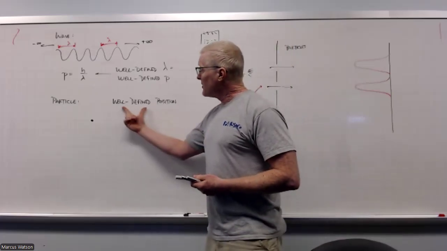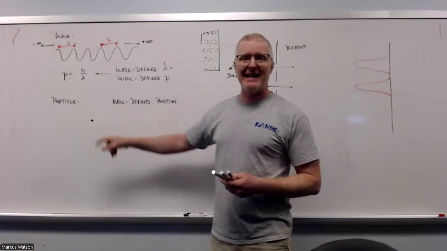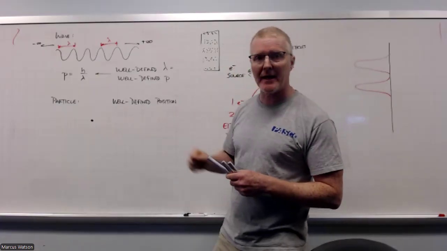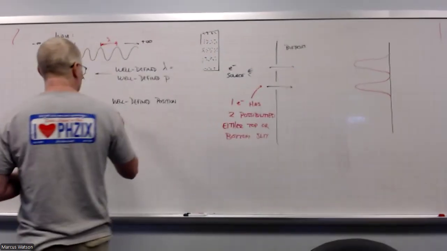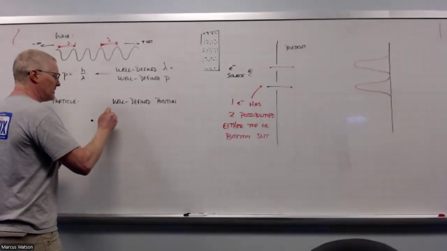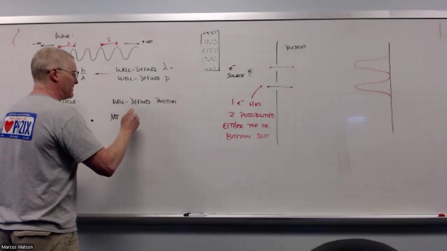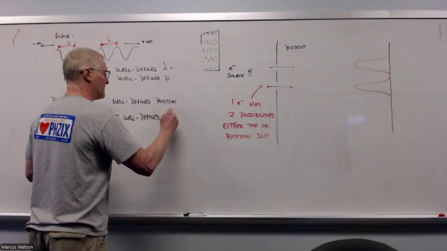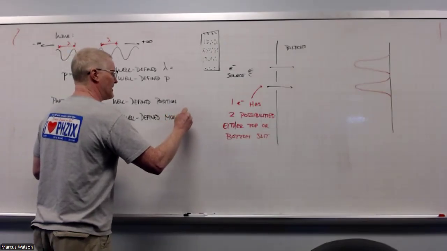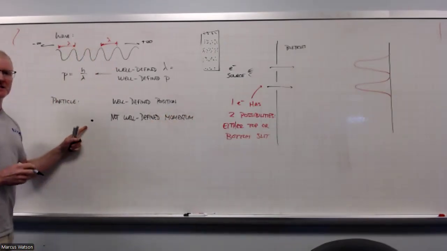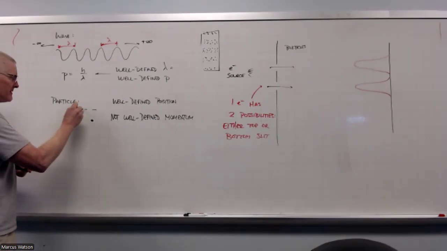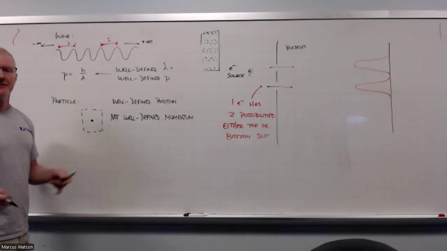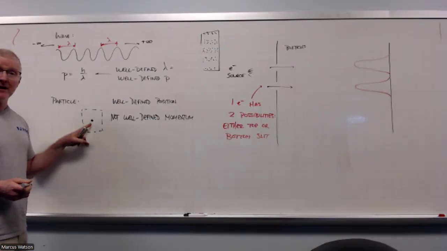So we would say it has a very well-defined position, but a very ill-defined momentum if I just take a quick snapshot look at it. So it's not well-defined if I look at momentum from a snapshot point of view. And even on the board, if I drew this as your snapshot right here, there it is. Which way is it going? You don't know, but I know it's right there.